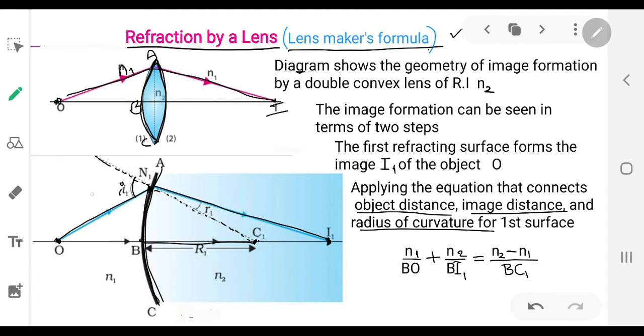Your incident direction is towards the right, you are measuring BO towards the left, so BO will be negative. BI dash is in the direction of the incident ray, so it is positive, and BC1 is also measured in the direction of the incident ray, so BC1 is taken as positive.